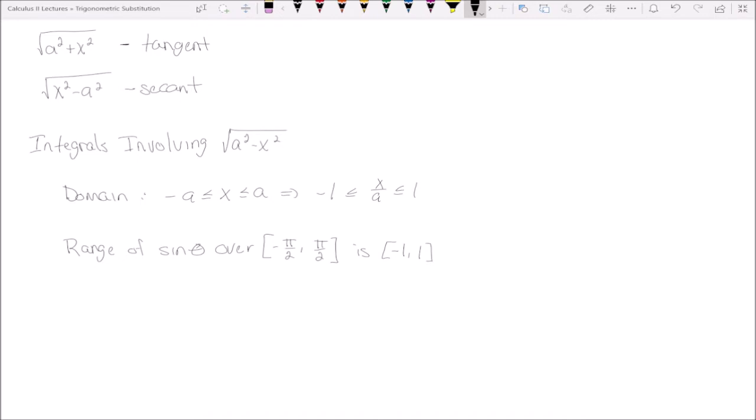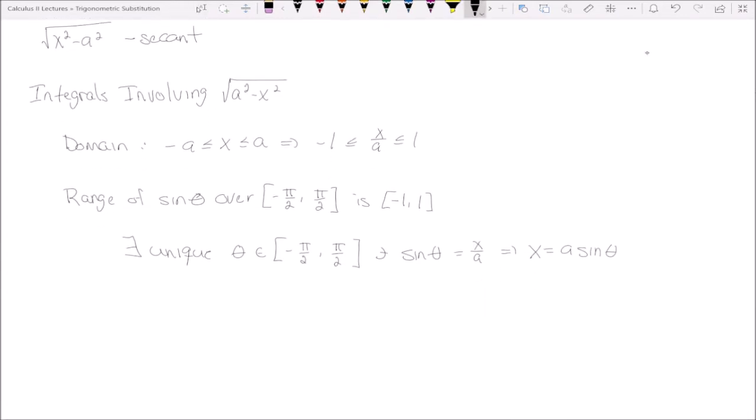What this means is there exists a unique angle theta in negative pi over 2 to pi over 2 such that sine of theta is equal to x over a, which means x is a times the sine of theta. So we try to take this as our substitution.